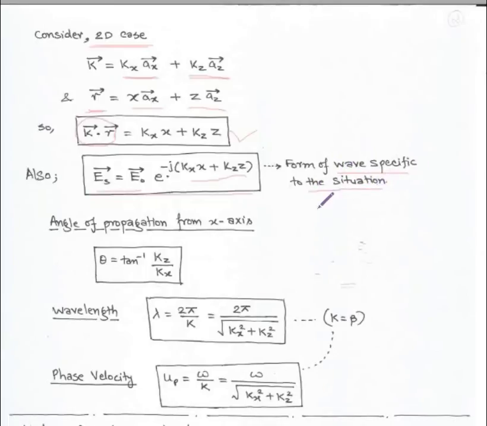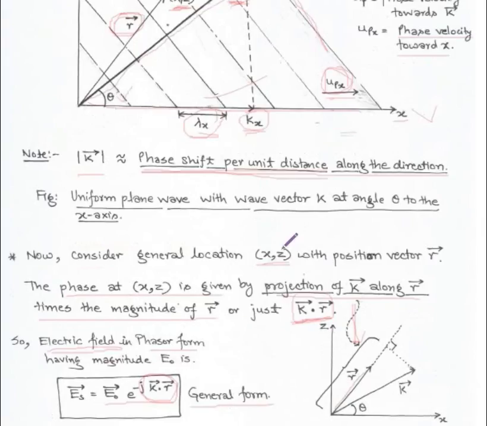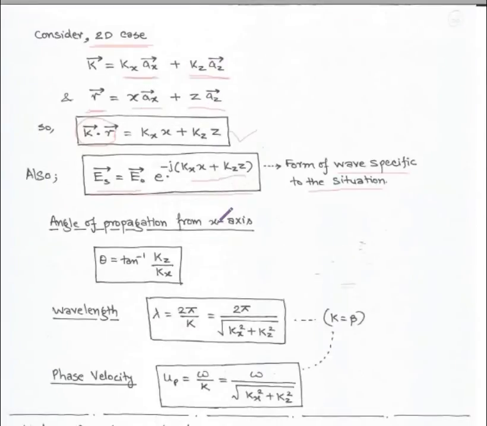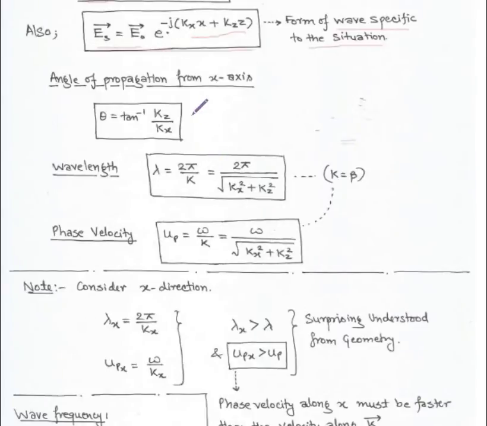Also the k vector, that is the pointing vector, makes an angle theta with respect to the x-axis. So we can determine theta, that is equal to tan inverse of kz upon kx. Also we can determine the wavelength lambda, that is equal to 2 pi upon beta.